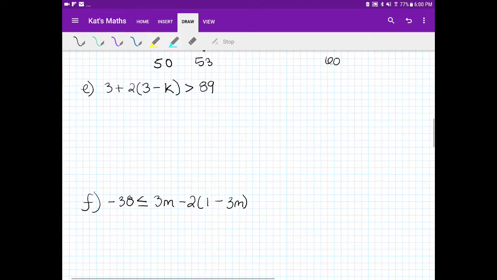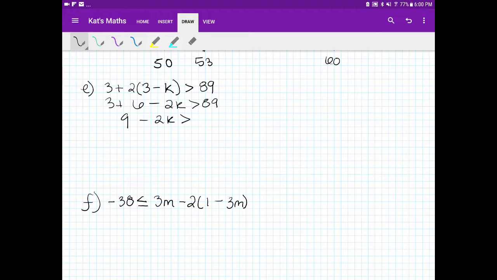So now we have a couple different things we need to do. Let's multiply so we can combine like terms. So it looks like I have a 9 minus 2k is greater than 89. So we're going to subtract 9: negative 2k is greater than 80.